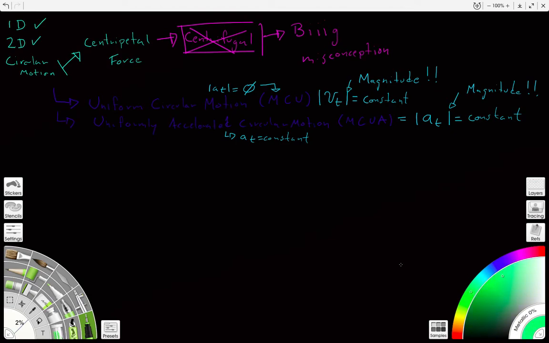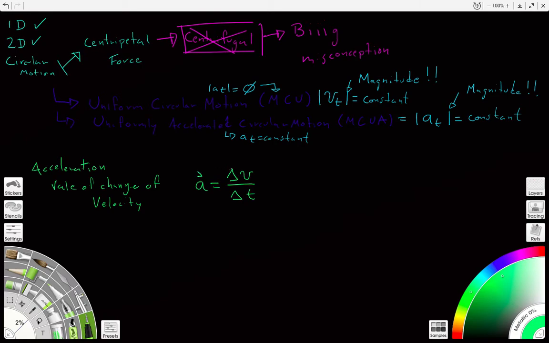So let's do a quick recap of what acceleration actually is. Acceleration, we know, is a rate of change of velocity. So acceleration is how much my velocity is changing over a certain interval of time.